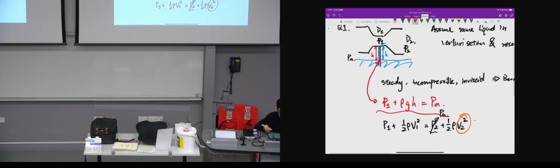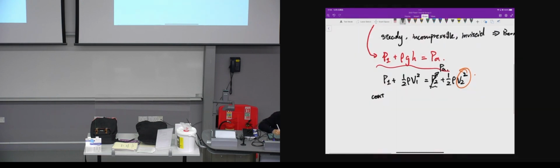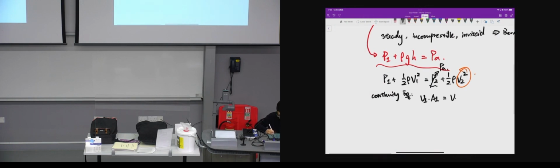Another thing we know is the continuity equation: V1 times A1 equals V2 times A2, since the flow is incompressible, right?